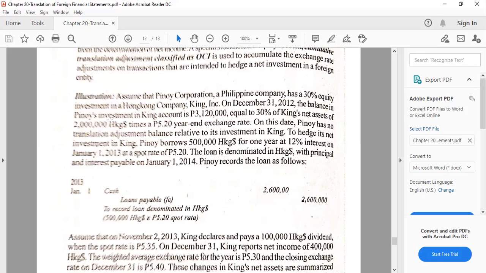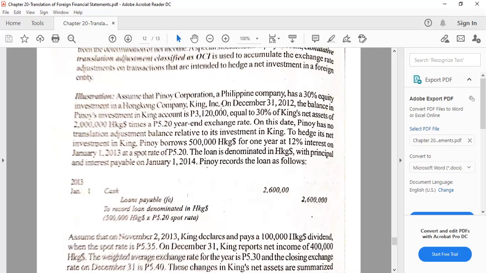The balance in Pinoy's investment in King account is 3,120,000, which is equivalent to 30%. So in this case, 30%, which is within 20% to 30%, we can say that King Incorporated is an associate of Pinoy Corporation, in which you are going to make use of the equity method.